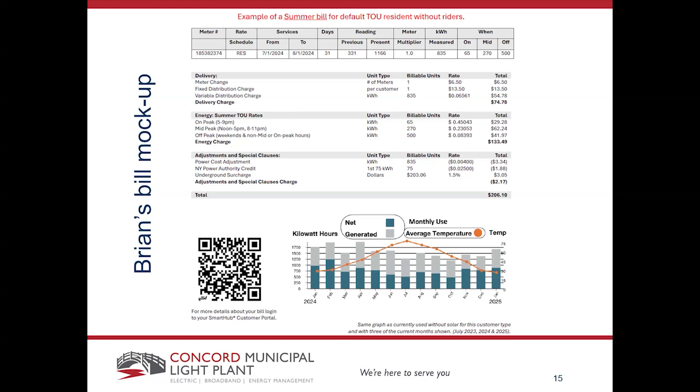But if they face it to the southwest, they generate a few less, but they generate them during the time that Concord Light needs them. And that's why it's important that the time periods be accredited and we don't do a flat solar tariff. Because mixing a flat rate with a time of use, that's what I'm opposed to.